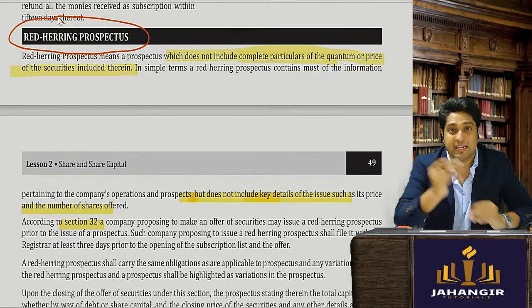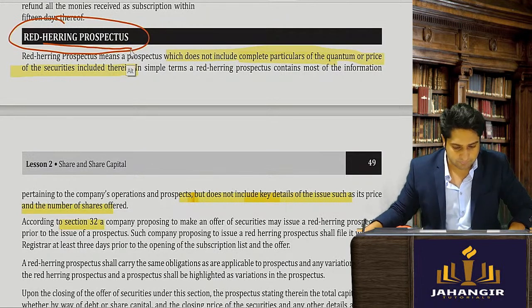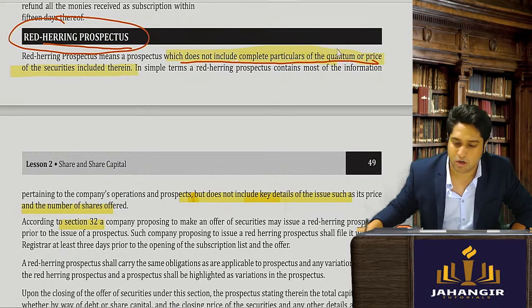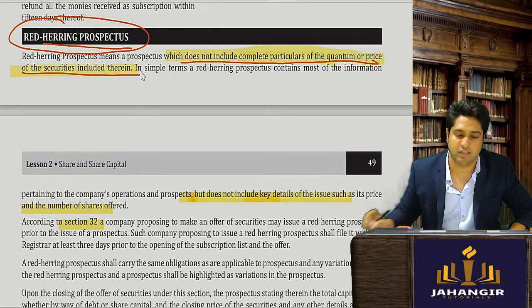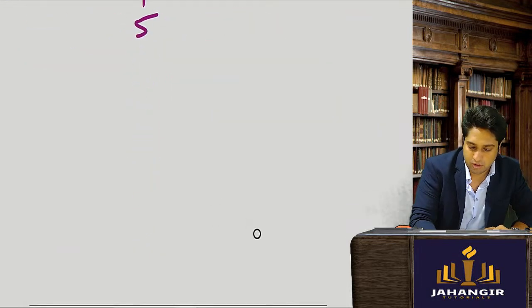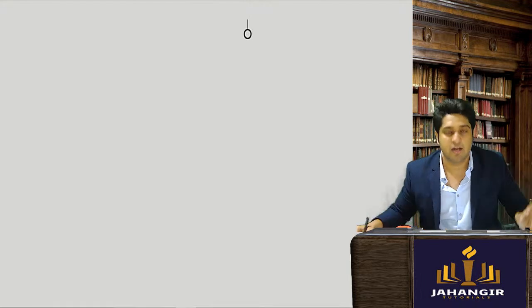Now let's understand the red herring prospectus. It is a prospectus which does not contain the complete details of the quantum or the price of the securities mentioned therein. Let me explain a small concept to you so you will understand red herring prospectus perfectly.